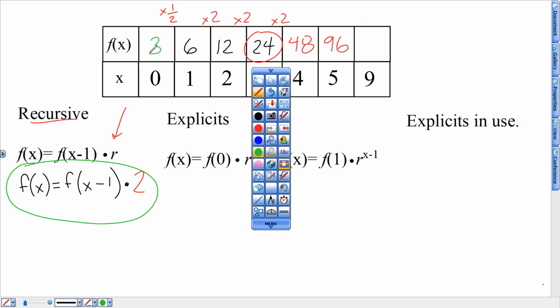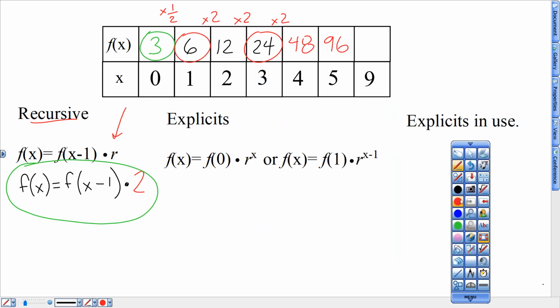And now I could use this 3, or I could use this 6. My answer is my numbers plug in. So this 6, let's just do it. So first of all, I could either use the 0 term. The 0 term is that 3 right there, times the r number 2 to the x power.